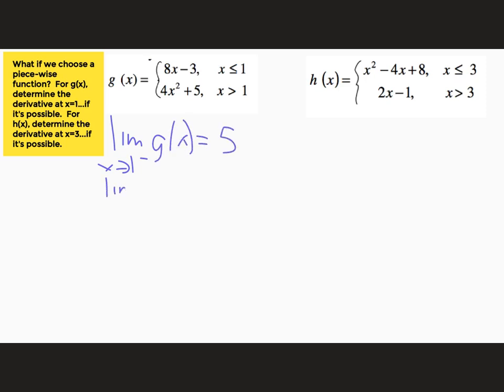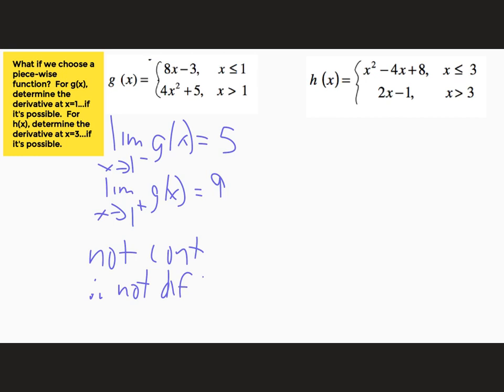The limit as x goes to 1 from the right is 4 plus 5, which is 9. So not continuous. Therefore, not differentiable. So we don't have to do that problem any further. You cannot find the derivative.